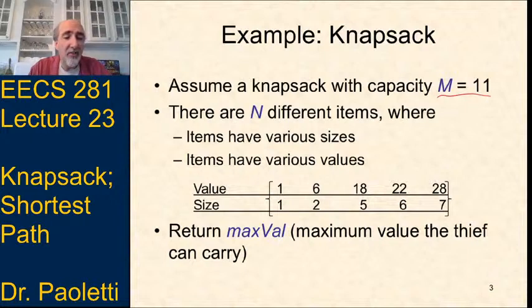Now, a slightly harder problem would be, don't just tell me the maximum value, tell me which items to pick also. Now, in code that we're able to fit on one slide, we had to return just the value. We didn't take the time to add the lines of code to decide which items were going to be taken and not taken.